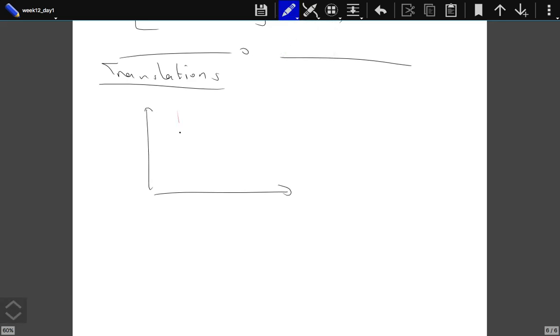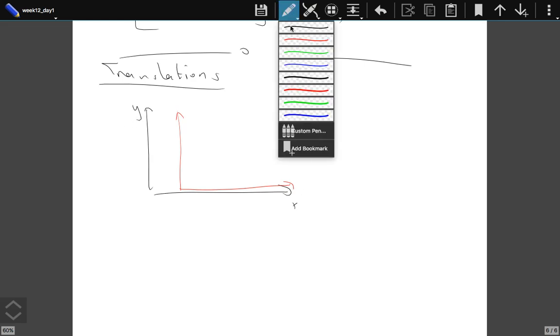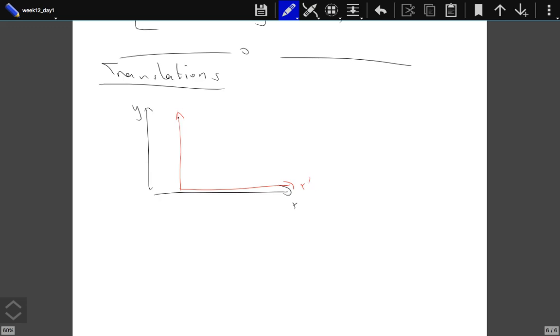So this expectation value of Sx after the rotation becomes the expectation value of e to the power I over h bar Sz theta, Sx, e to the power minus I over h bar Sz theta. Well, let's calculate that operator.